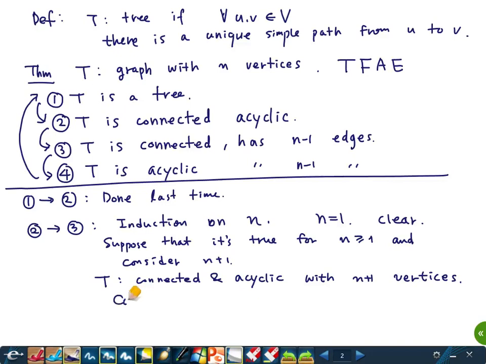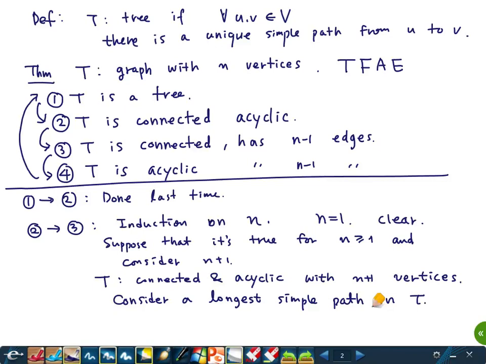Consider, this is a common technique, because we will find a vertex of degree 1. If you want to find a vertex of degree 1, consider a longest simple path in T. You can obtain such a path by extending a path.